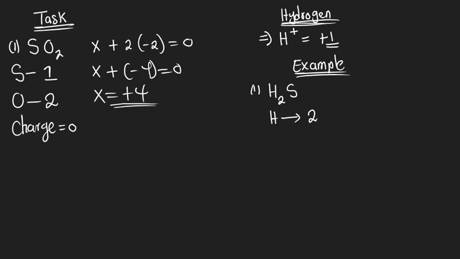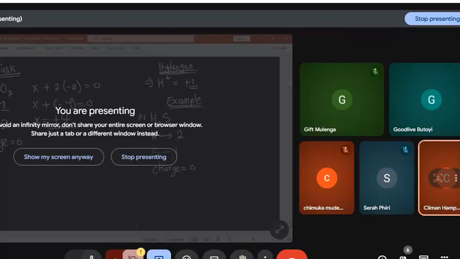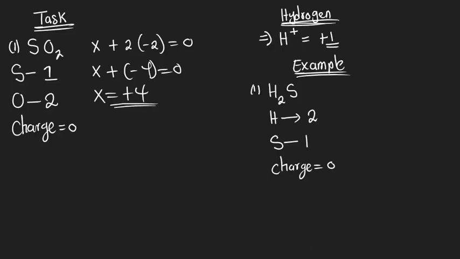What is the number of atoms of sulfur? It's just 1. What is the charge? This whole thing is neutral, so it's 0. So what is the net charge of hydrogen? +1.